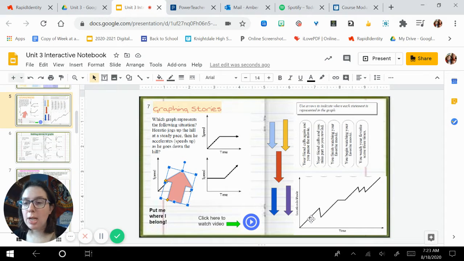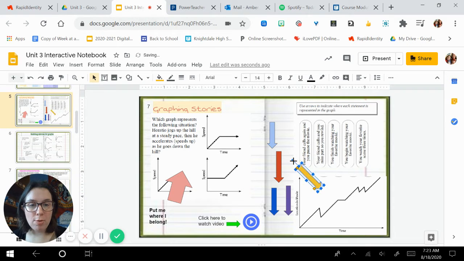It's stopped, so that would be a constant or flat line. So we look for where a flat line is. That would be right here. I'm just going to move the arrow over here, and I'm going to lengthen it so I can see it's going from there.